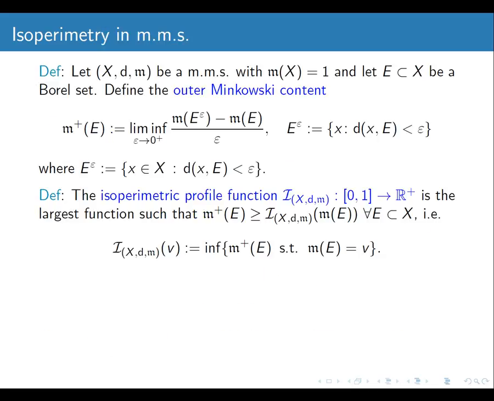The first very naive way to measure boundaries is to use the Minkowski content. That is a very natural way of measuring the boundary. If you consider a set E, a Borel set, the way in which we measure the boundary measure of the set E is we take the set E, we do an epsilon enlargement, and then we subtract the measure of the set E, and then we take the limit as epsilon goes to 0.